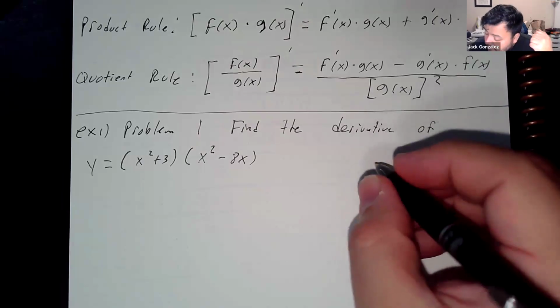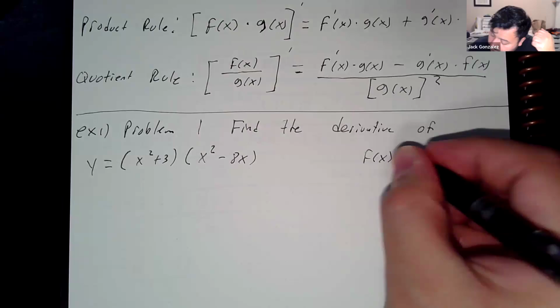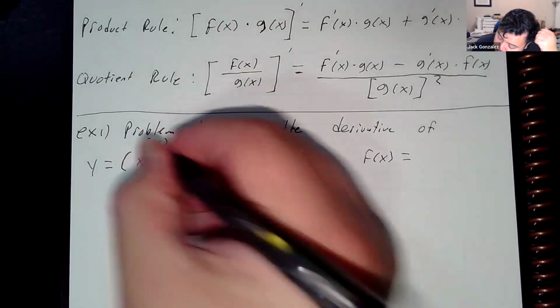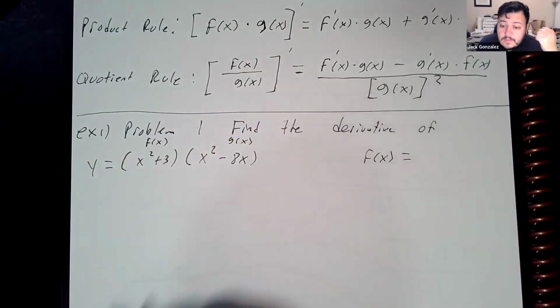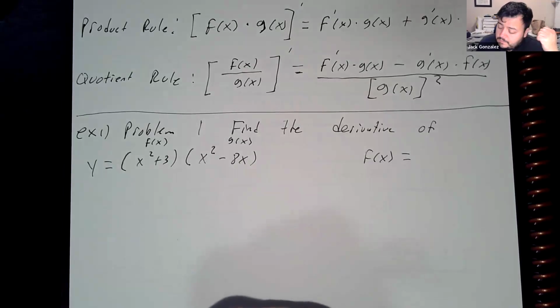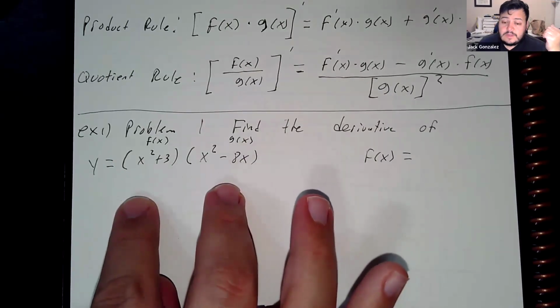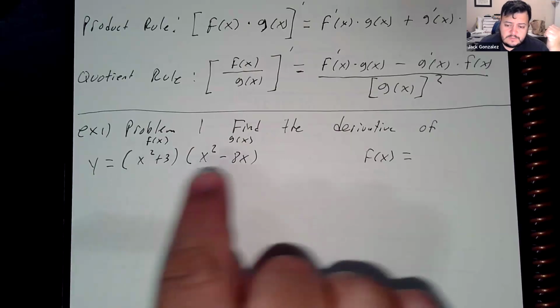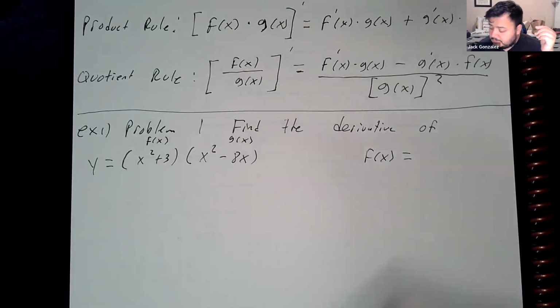Write down f. Let's call the first one f and this one g. Which one you choose for f and g doesn't matter. I always recommend doing the first one for f, second one for g. That way it's always the same.